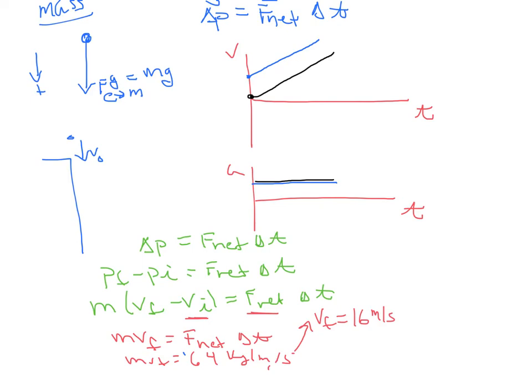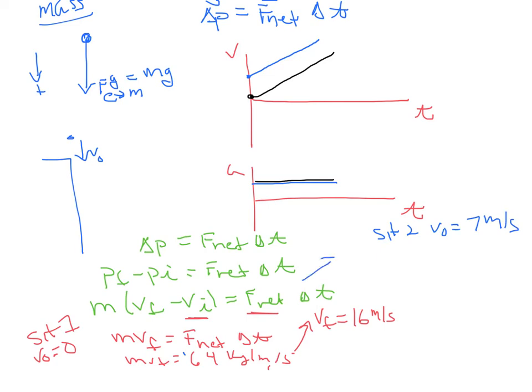Okay, so that's for situation 1 where v naught equals 0.